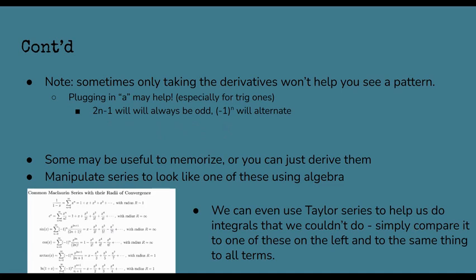Because if you notice, okay, 1, negative 1, that's always odd numbers, right? So that's where this comes from for some of these, because it's telling you that each odd one is all we're doing, because the even derivatives are always 0, or it's reversed. So see sine right here, it's 2n plus 1.